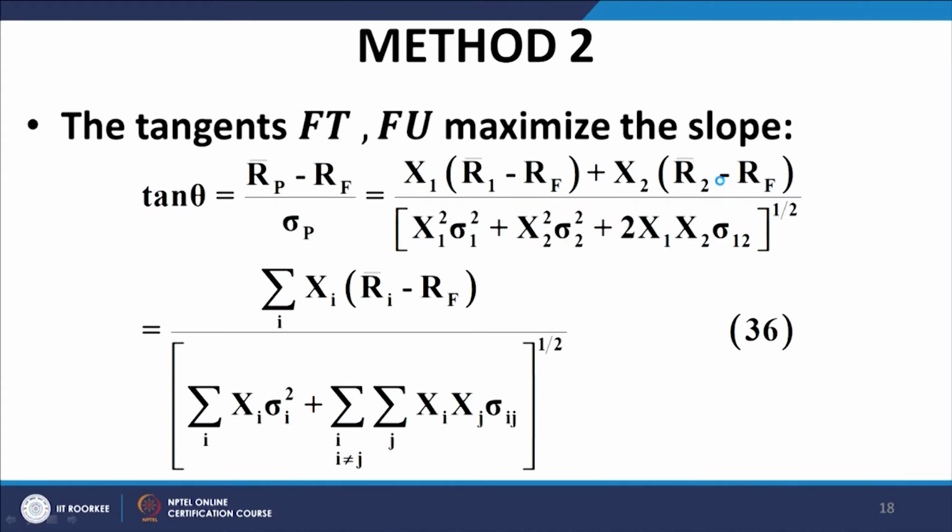So, we work out r p minus r f upon sigma p, and we use the expressions that we have worked out earlier for the return on a portfolio x 1 r 1 plus x 2 r 2, and because x 1 plus x 2 is equal to 1, we can write r p minus r f in the form that is given here in equation number 36, where we have simply substituted the expressions for the two security portfolio.